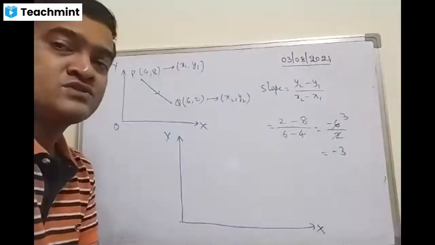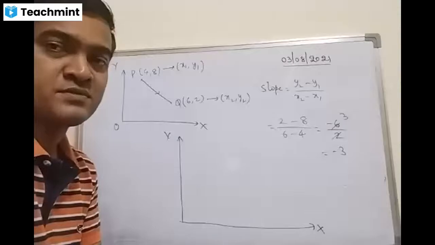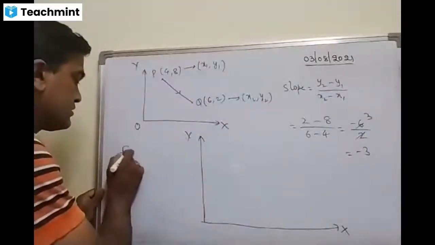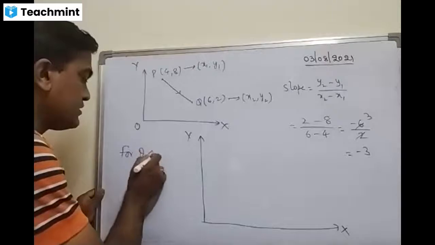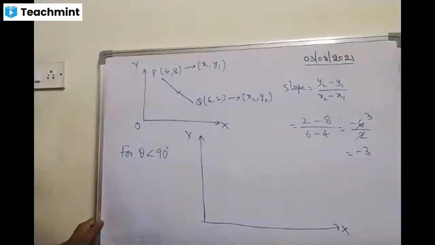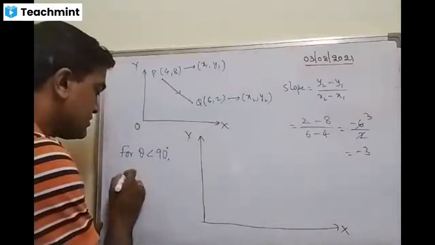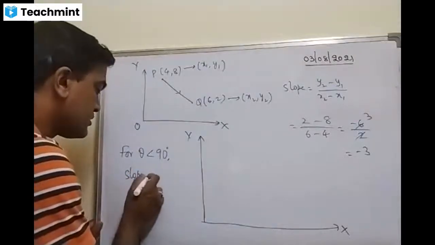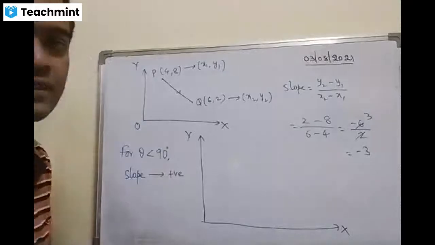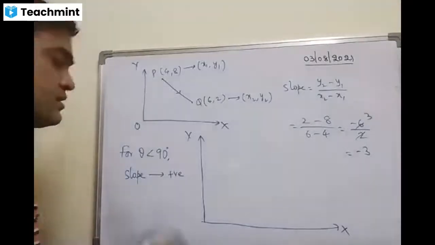If theta is less than 90 degrees, that means acute angle, slope is positive.